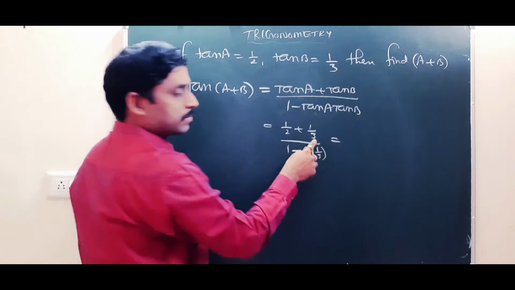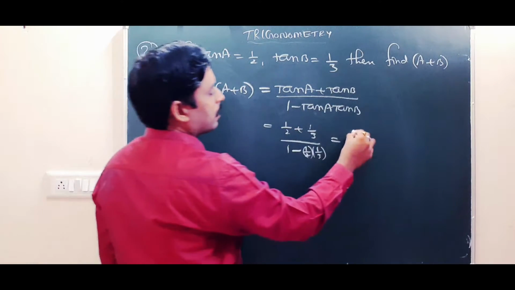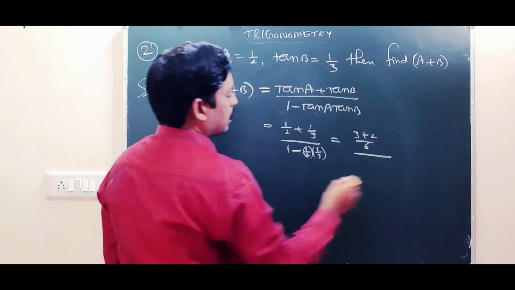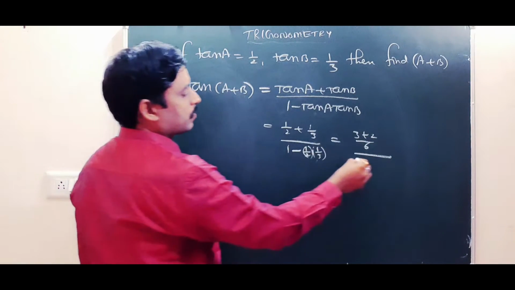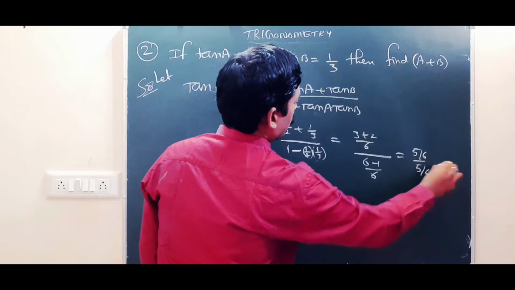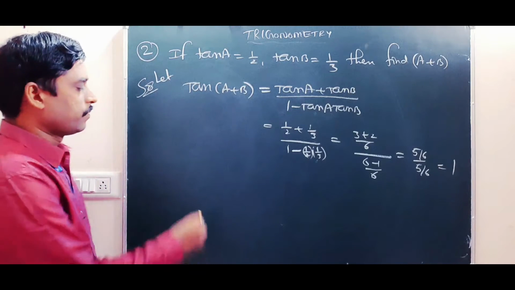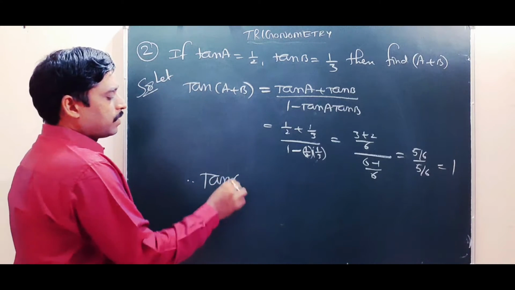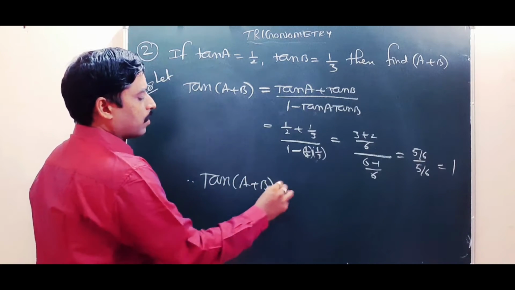Okay, let us do the LCM, 6 LCM, 3 plus 2 by 6. In the denominator LCM also 6, 6 minus 1 by 6. So 5 by 6 by 5 by 6 will be 1. Therefore, tan A plus B equals 1.